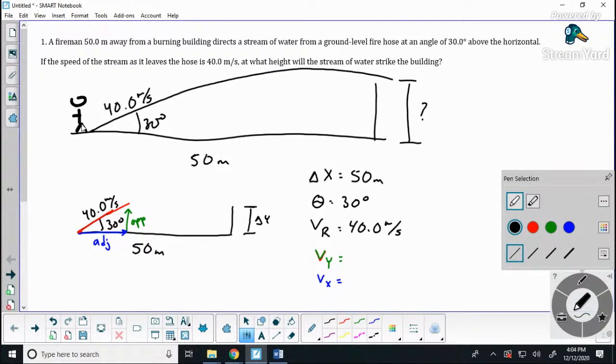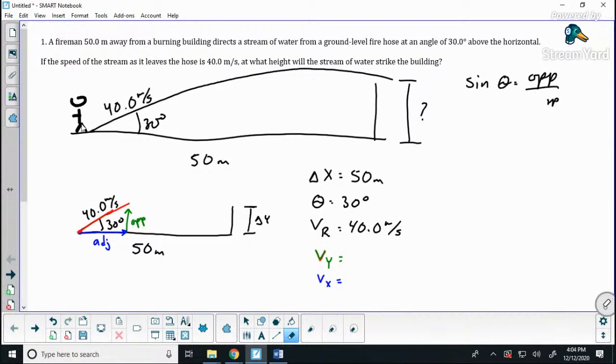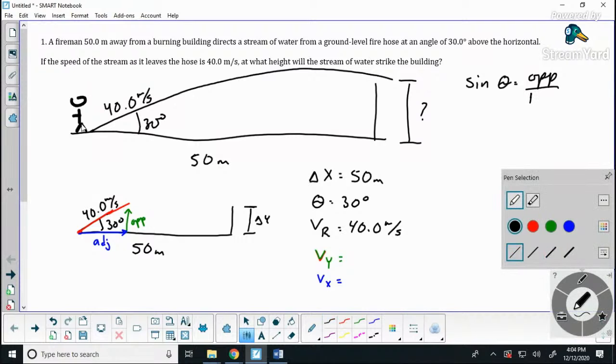So if we look at sine and cosine functions, remember that sine of theta always equals opposite over hypotenuse. Sorry, that looks like a B there. Let me clean that up for y'all. And cosine of theta always equals adjacent over the hypotenuse.